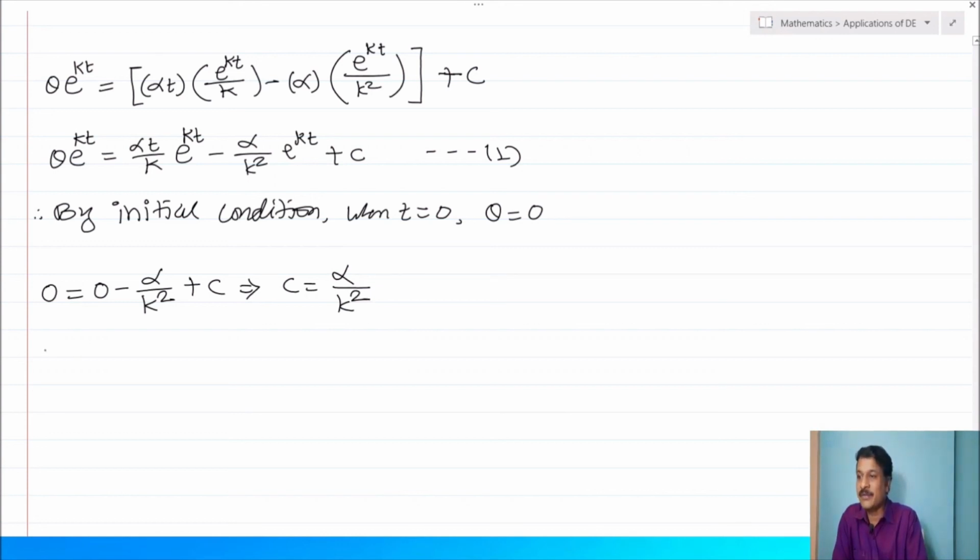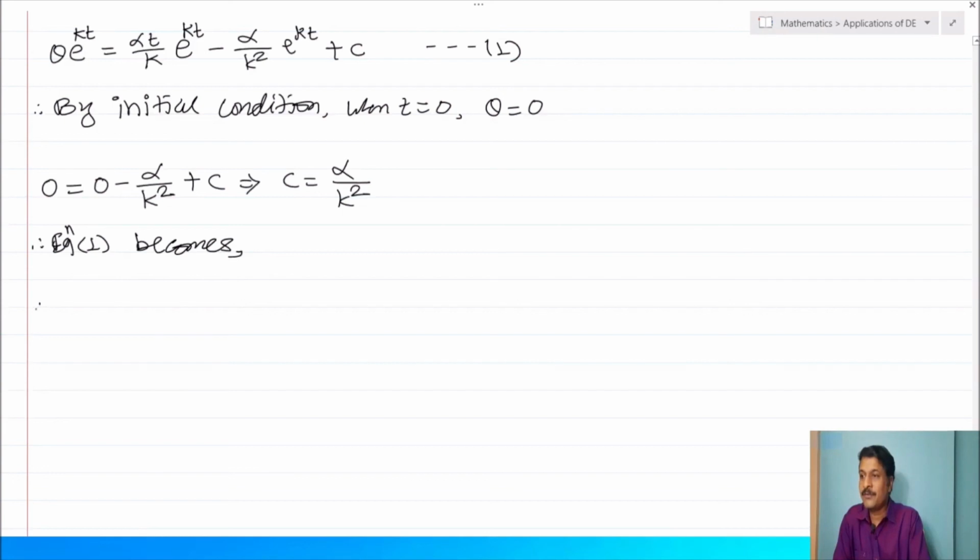Substitute this value in equation 1, and therefore equation 1 becomes θ e^(kt) = (αt/k) e^(kt) − (α/k²) e^(kt) + α/k².